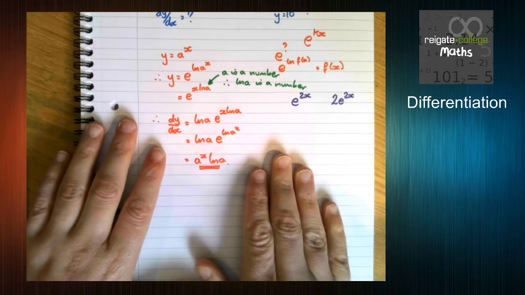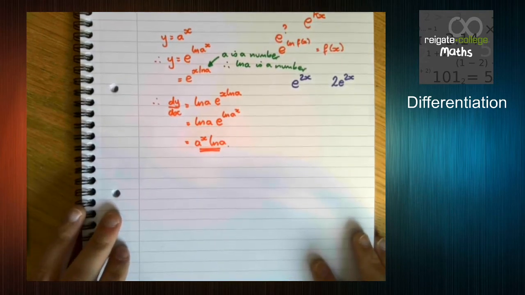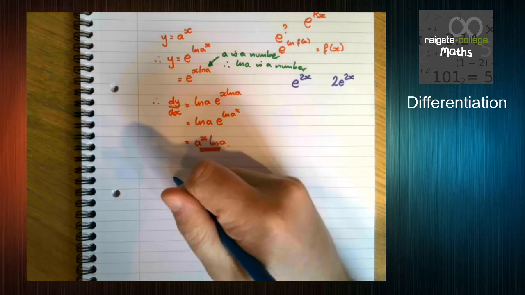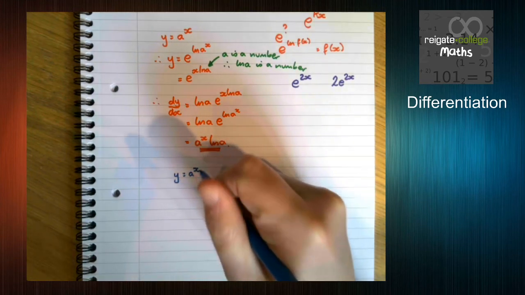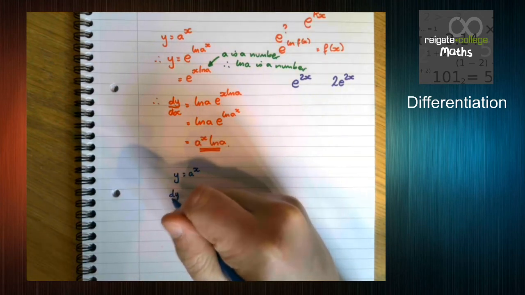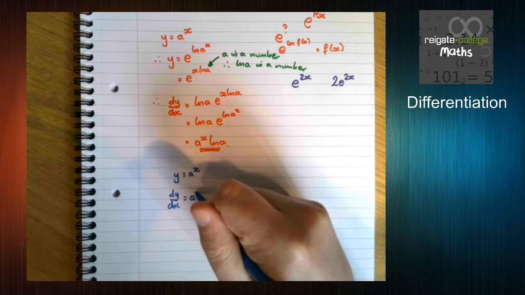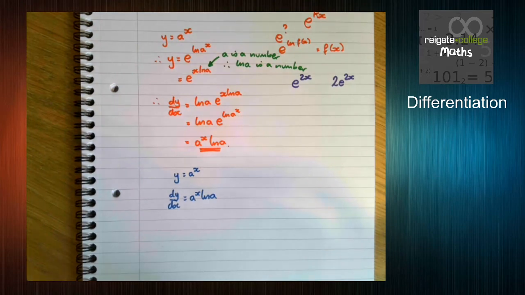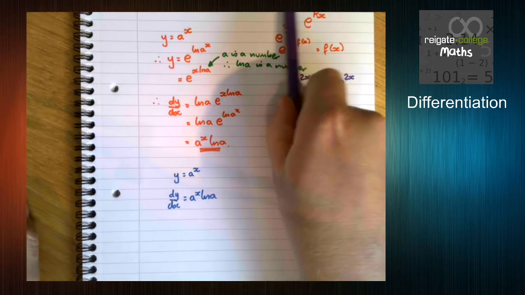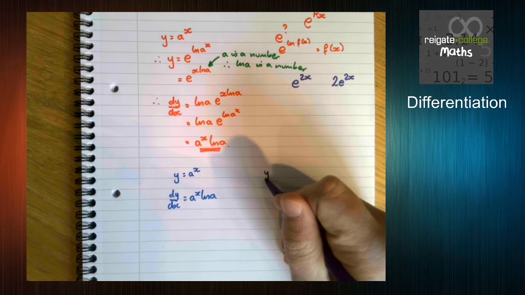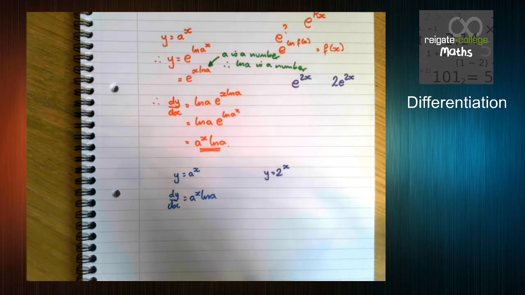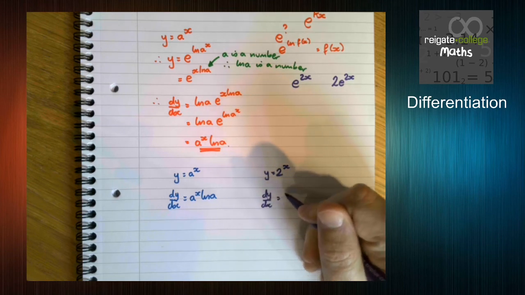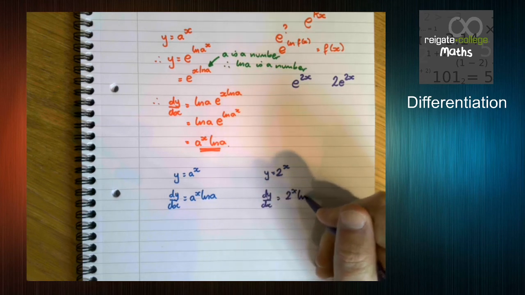You need to learn this proof. This is something you might be required to do in the exam. So, in general, if y equals a to the x, then the derivative is a to the x ln a. So for instance, with the first example that I talked about, 2 to the x, the derivative would be 2 to the x ln 2.